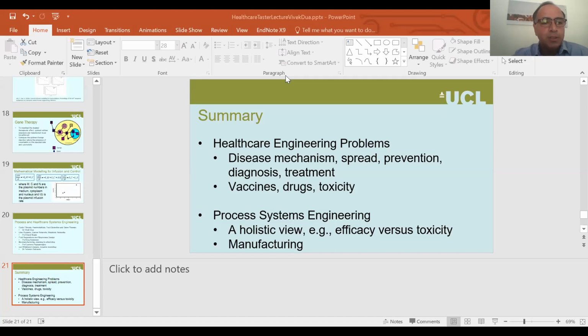Now, the third question is, how is the healthcare systems engineering model applied to COVID? What stage are we currently on? Okay, I don't have an answer to that question. I think a lot of work is going on, and it is changing day by day.